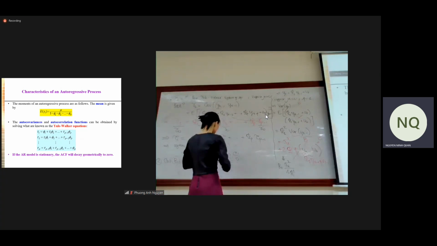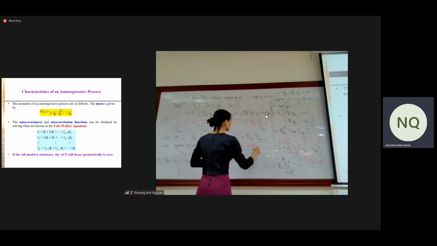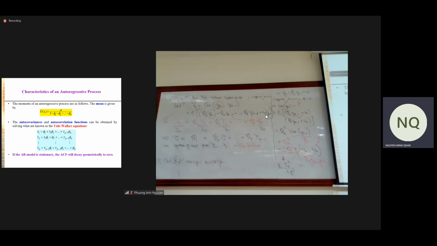We call it the Yule-Walker system of equations. Again, it's a very interesting system for many reasons. Later on, when you know about the PACF, if you understand it well enough, from this one you can also get the PACF.